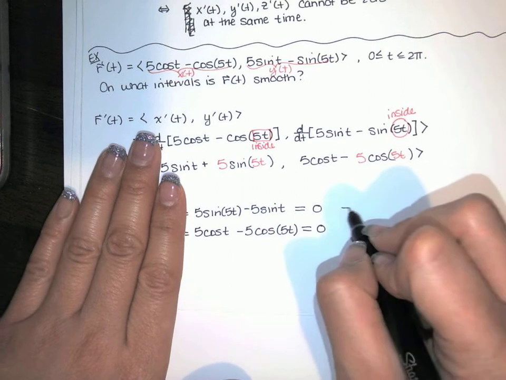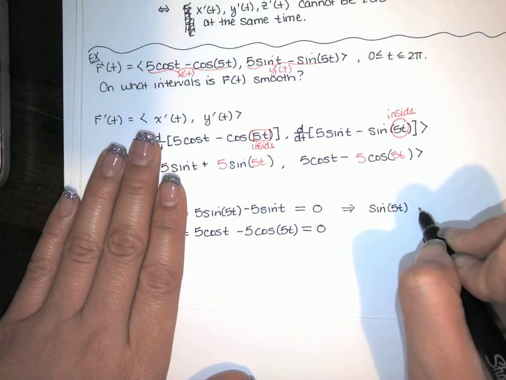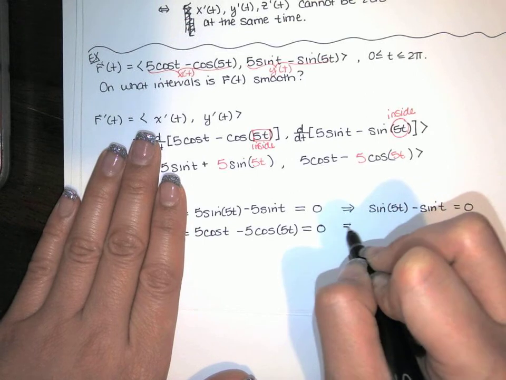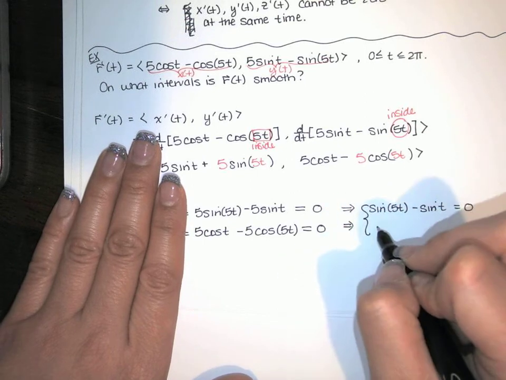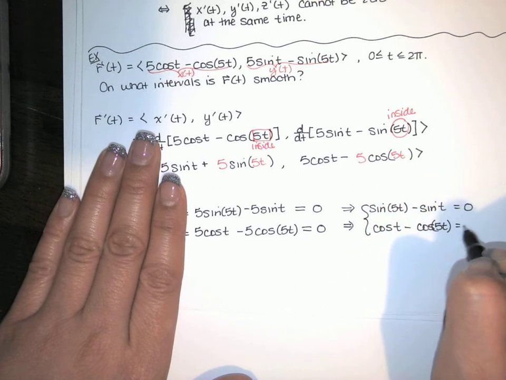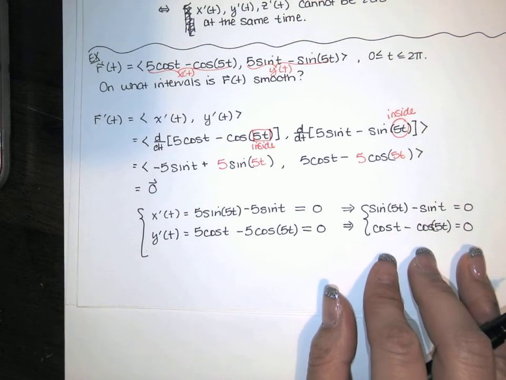It's unnecessary. So we can divide everything by 5. We've got sine of 5t minus sine of t equals 0. And simultaneously, cosine of t minus cosine of 5t equals 0. Now this is a hard system of equations to solve.